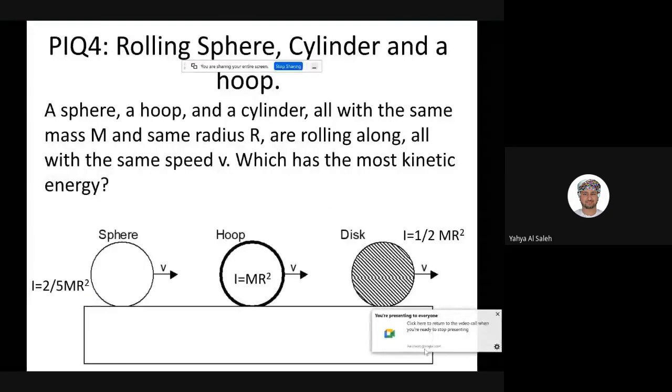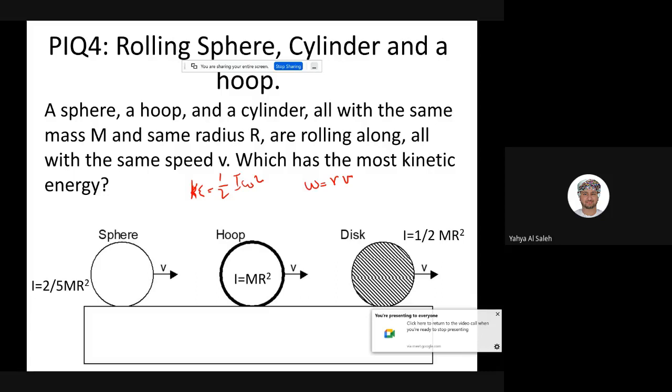Well, we said KE equals half I omega squared. And we know from before that omega equals... or was it v equals R omega?